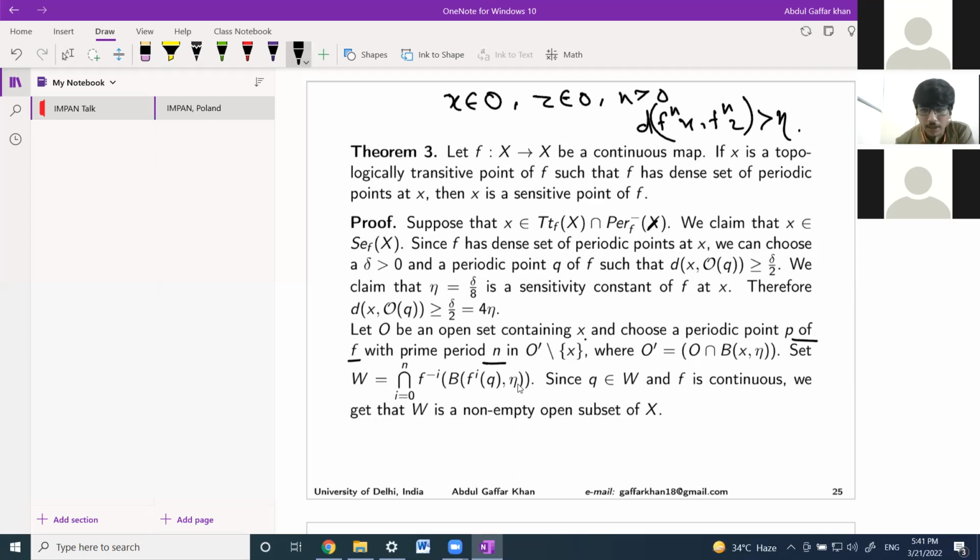Suppose that it has a prime period n. Because it has a dense set of periodic points, we can choose a point p distinct from q, definitely within a deleted neighborhood of x, denoted by O' minus x, where O' is the intersection of O and the ball centered at x of radius eta. So we set W to be this set, and this set is non-empty because it will contain q, and it will be open, f being a continuous map.